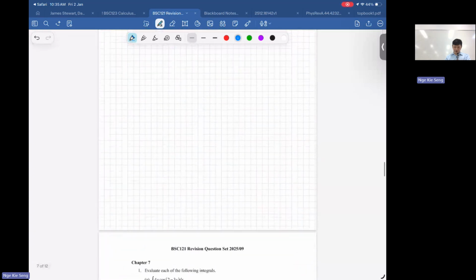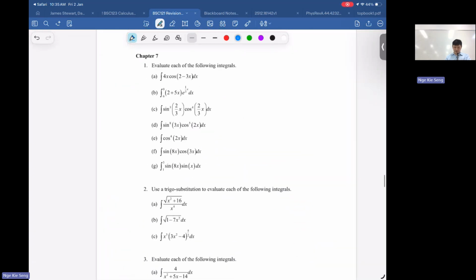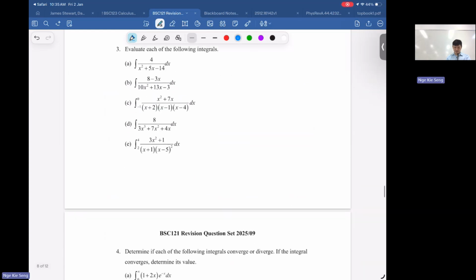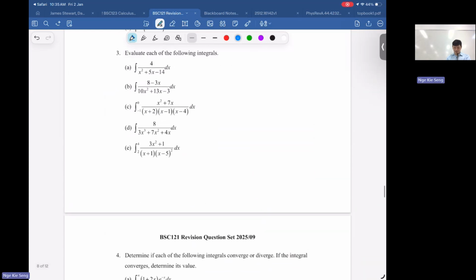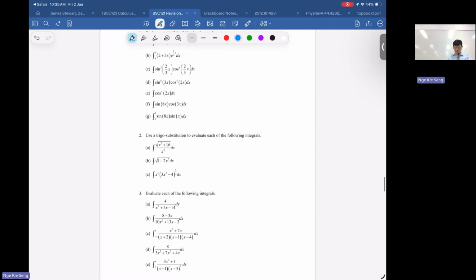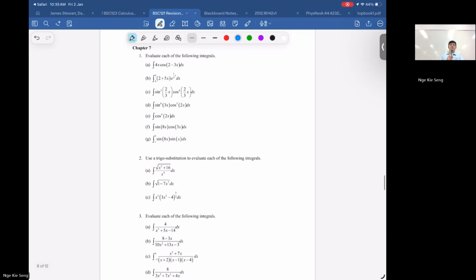Okay, so let's go to chapter 7. Is chapter 7 okay or not? Is it straightforward? Maybe some of them are tricky. Maybe from 1, 2, 3 you can pick 1 or 2 questions. Who haven't picked yet?